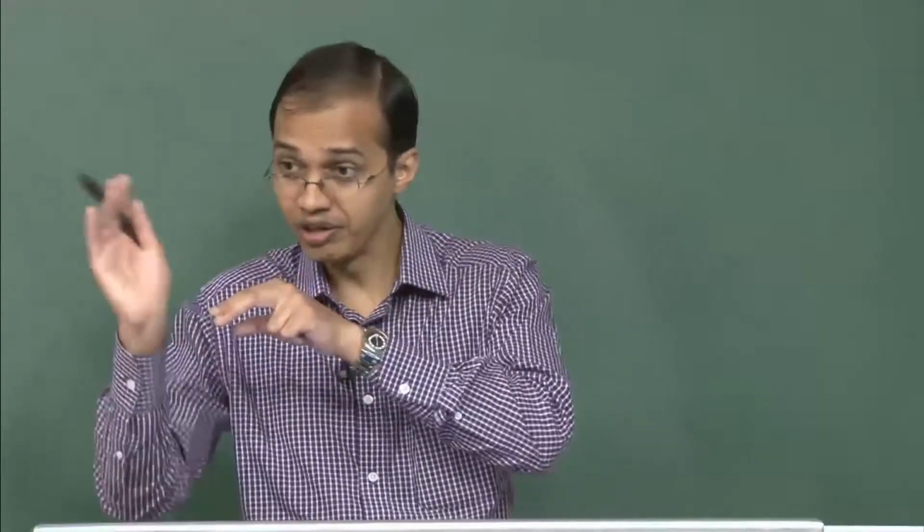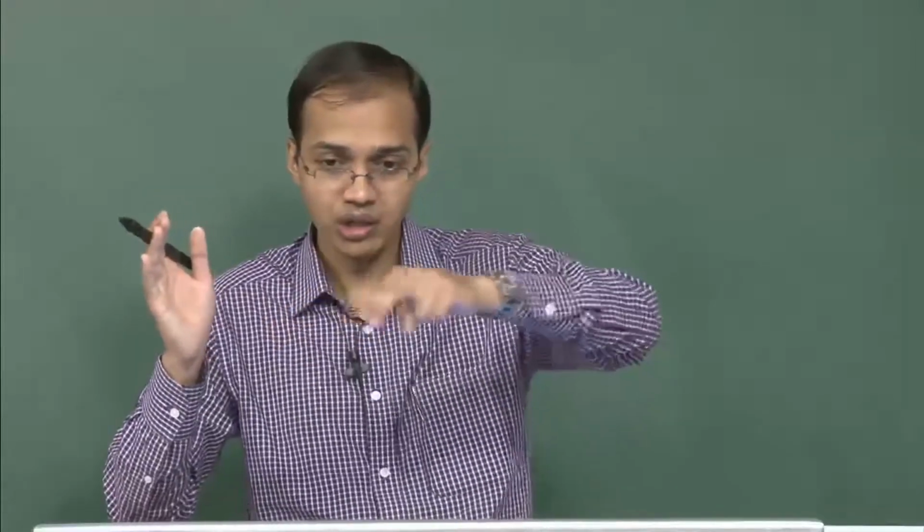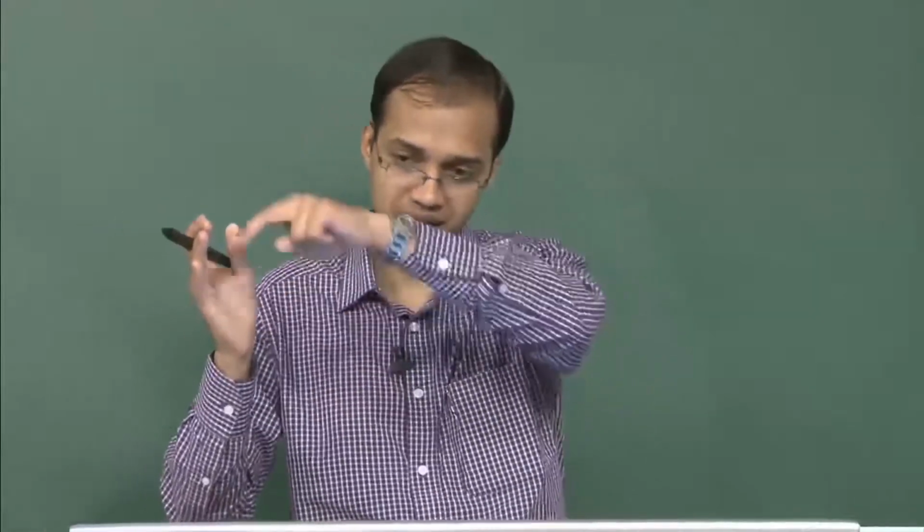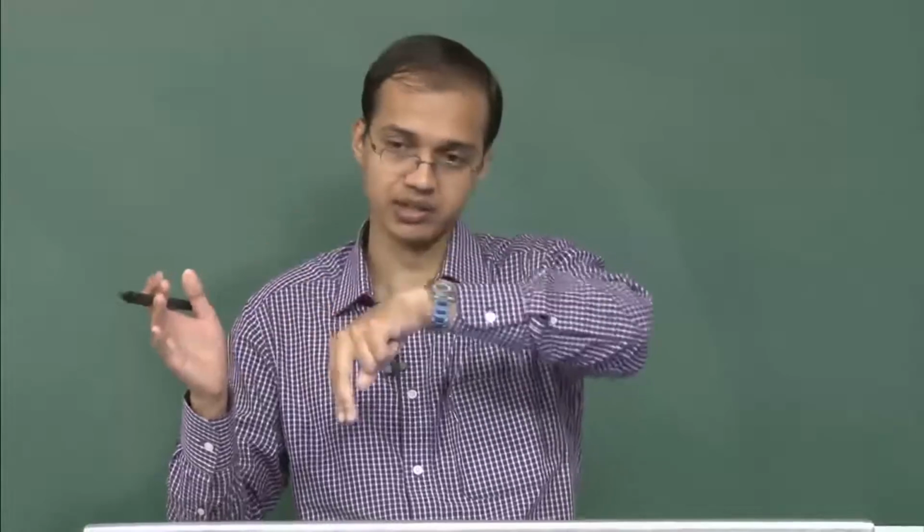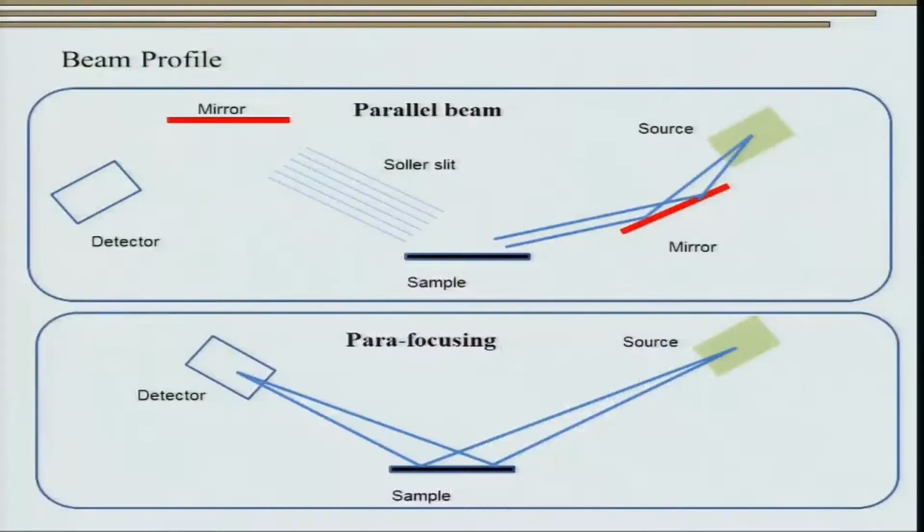Now, using a particular mirror, we have ensured that Bragg's law in the mirror is satisfied, and all the X-ray beams are diffracted only in one particular direction. So, this essentially ensures that we are getting a parallel X-ray beam, and this can be used in what is known as a parallel beam geometry.